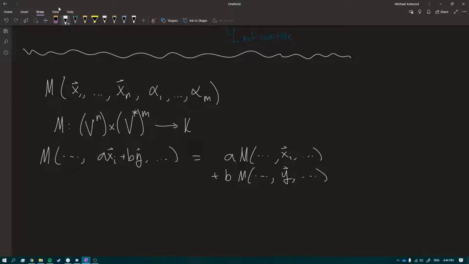So such a map is called multilinear, for all i in 1 through n or 1 through m. Such a map is called multilinear, and really it's a multilinear functional.